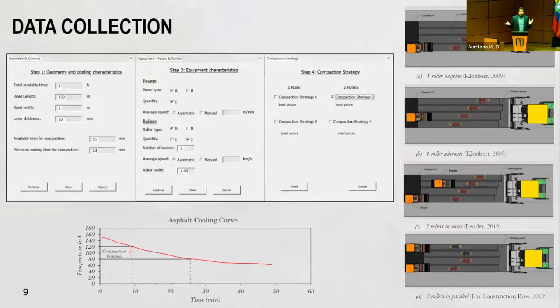There are a few textbooks that explain something, but most of this knowledge is quite implicit in the mind of operators. So we have some ideas how we could extract that quite nicely, but for now, we just resorted to one of the textbooks, quite an old one, that we found had these 4 strategies, and we tried to mimic those strategies and then give the planner the option to choose among those 4.